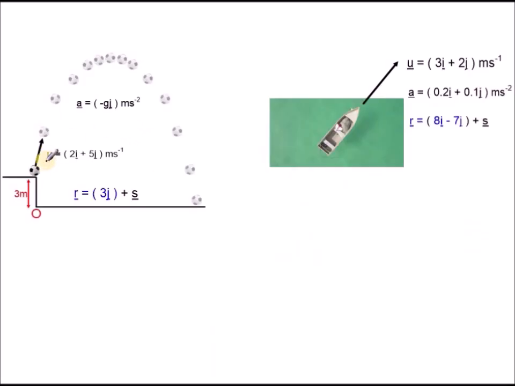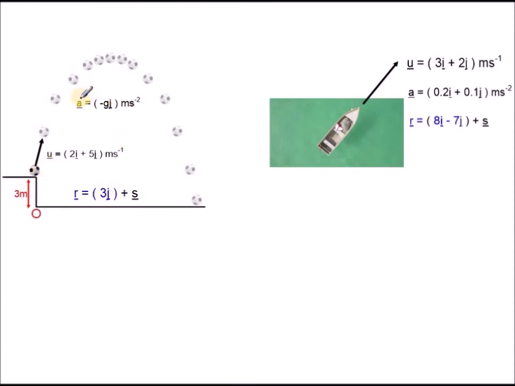In this example, this projectile has a position vector given by this, where 3j is the initial position, and we can see that the ball here is 3 meters above the origin, hence the 3j for the initial position, and s is the displacement vector measured from this point.